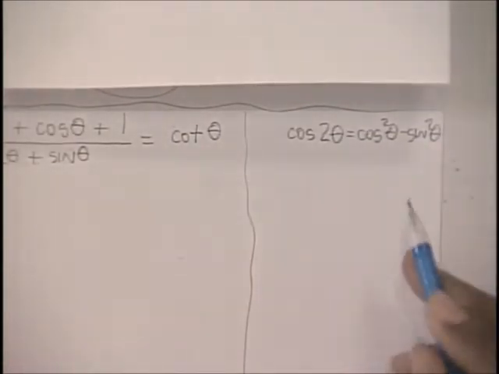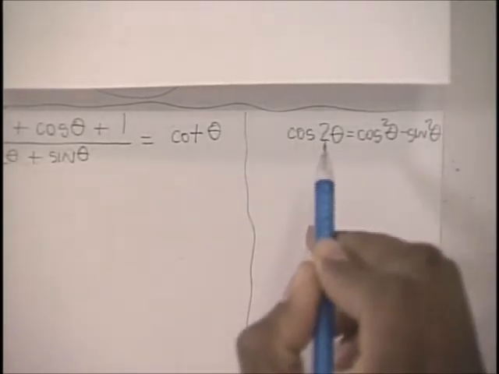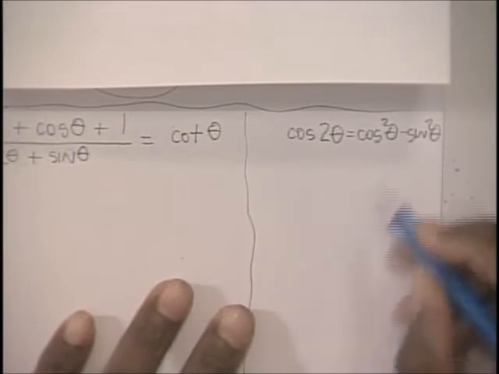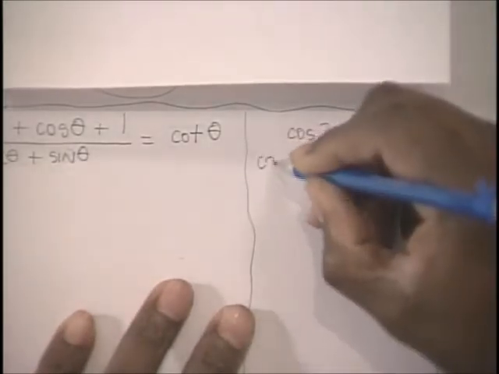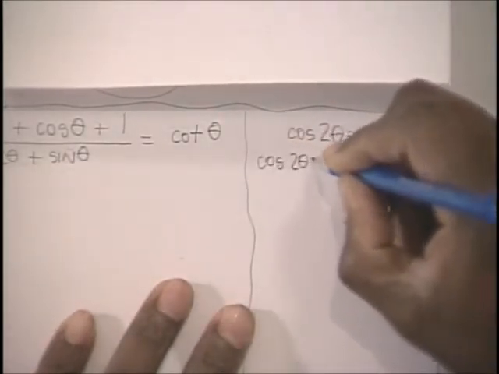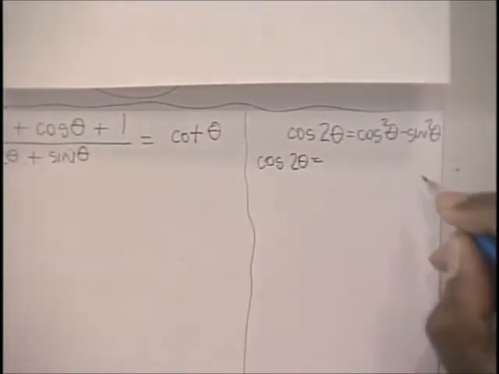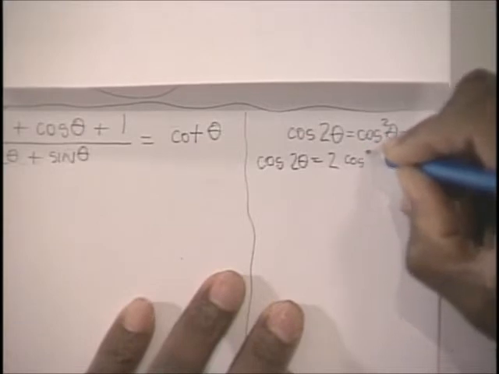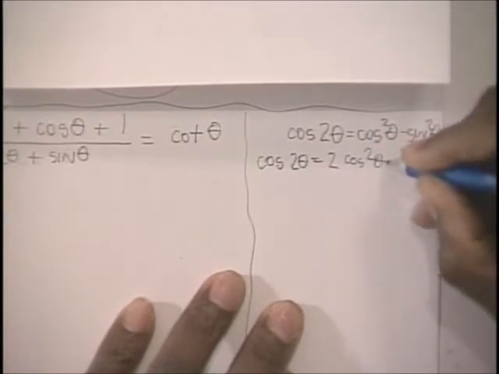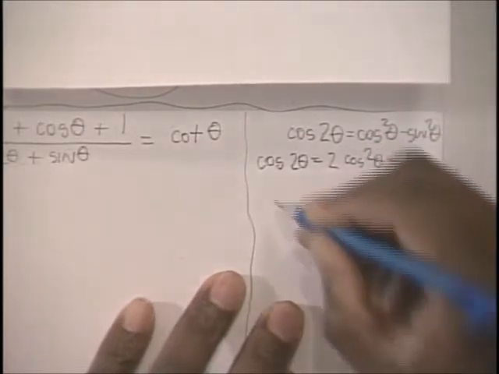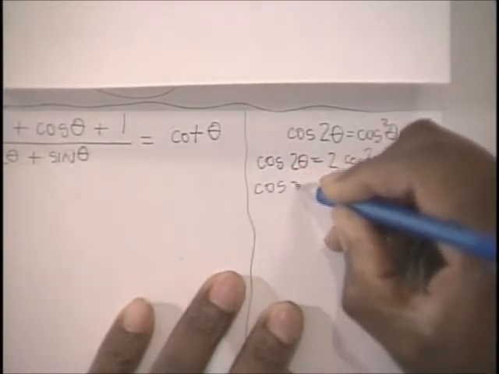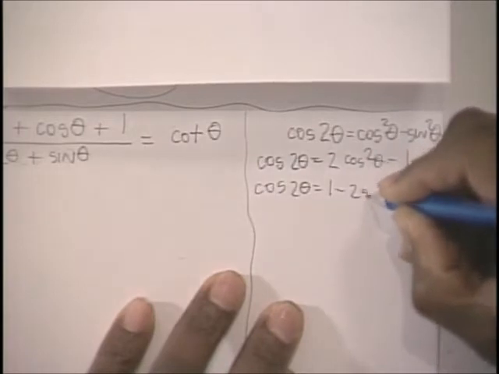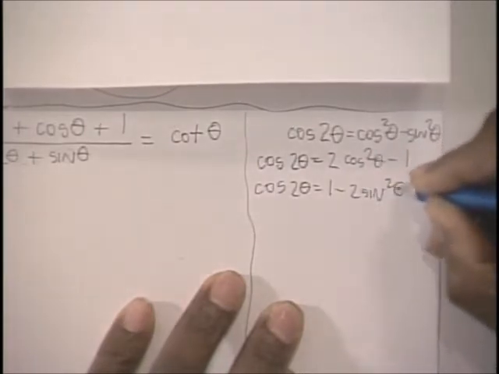Or some teachers will provide their students with this identity. And not only is that true, but cosine 2 theta is also equal to 2 cosine squared theta minus 1. And then cosine 2 theta is also equal to 1 minus 2 sine squared theta.